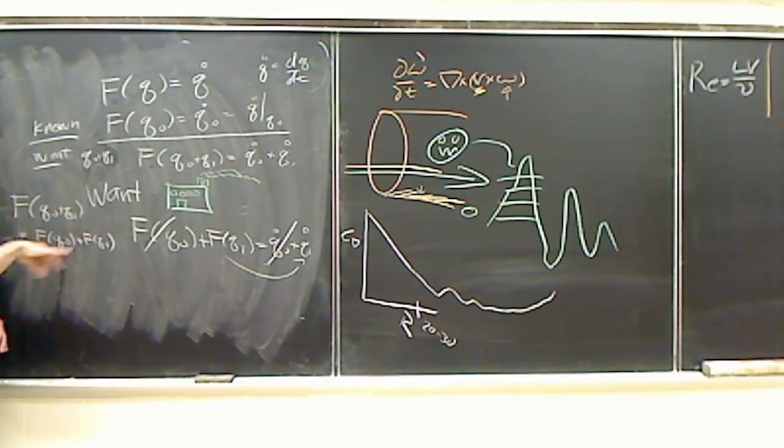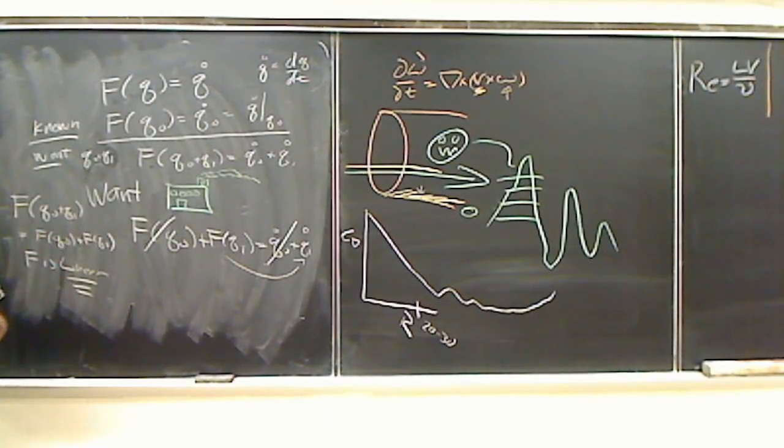This is special. This is only true if f is linear. If f is a linear function, then I can do this splitting apart, and then if I have one solution, I can get another solution. But if I have something horrible like a square in there, then this isn't true anymore, and I have to figure out a way around it.